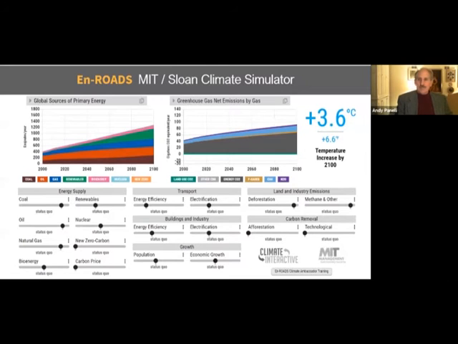So here's our model again. And while we're looking at this, just a few more details on what we're going to be doing here. Each time we can move a lever, we can try to discourage coal, for instance, or we could even use more coal, or we could try to discourage other fossil fuel usage. And our primary tool to discourage it is by putting a tax on those.